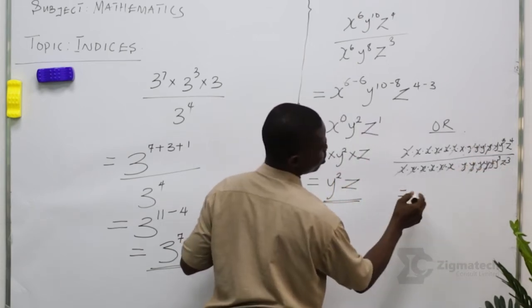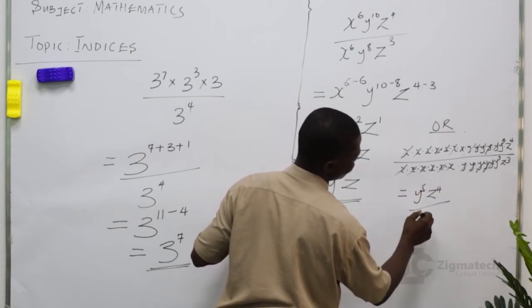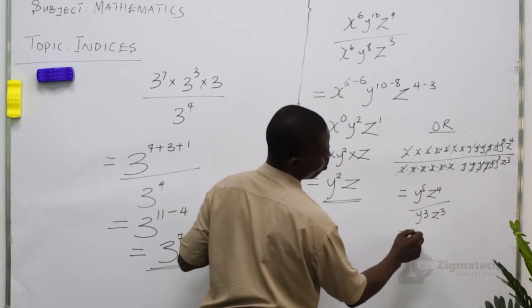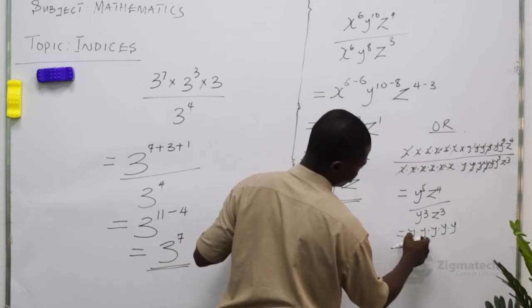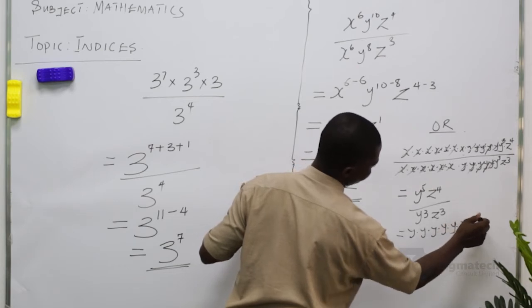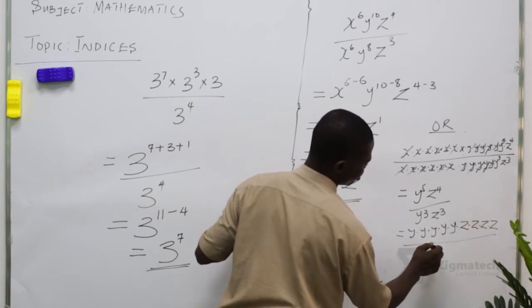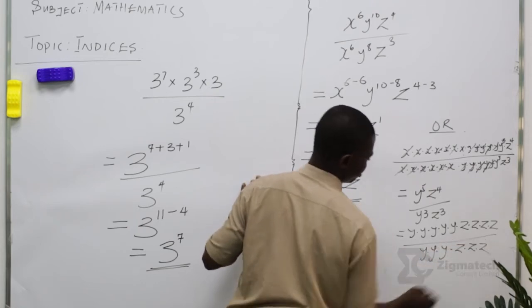Now what is remaining? We are left with y power 5, z power 4, all over y power 3, z power 3. To give us y dot y dot y dot y dot y, 1 2 3 4 5, dot z dot z dot z dot z, all over y dot y dot y dot z dot z dot z.